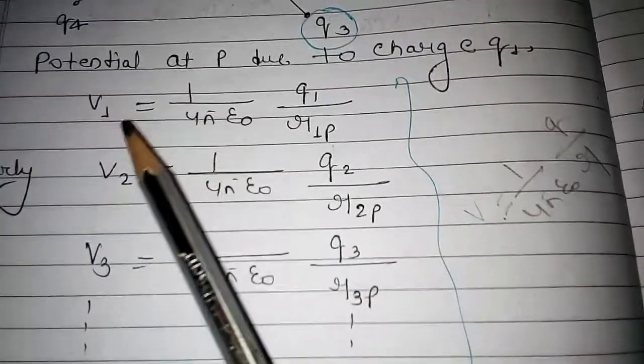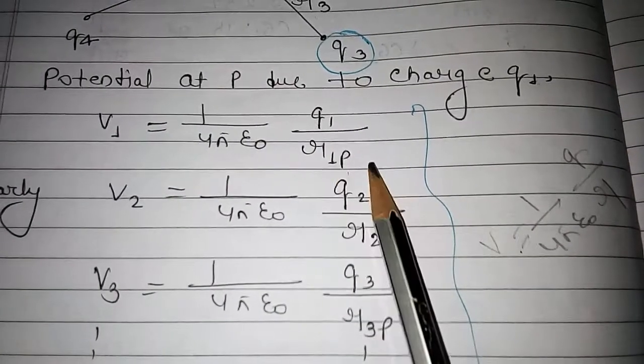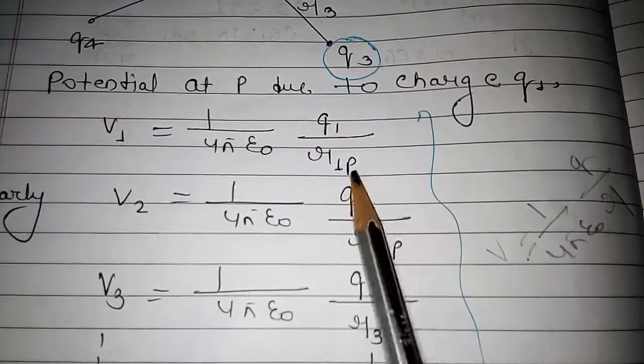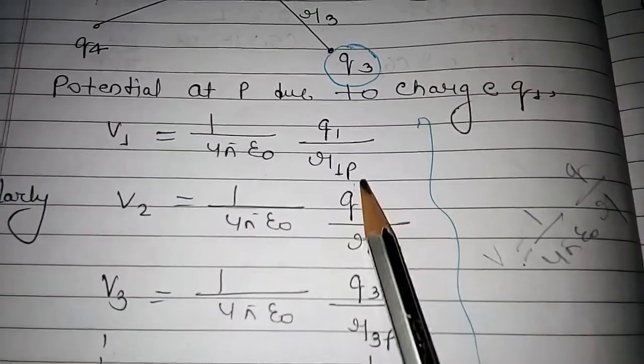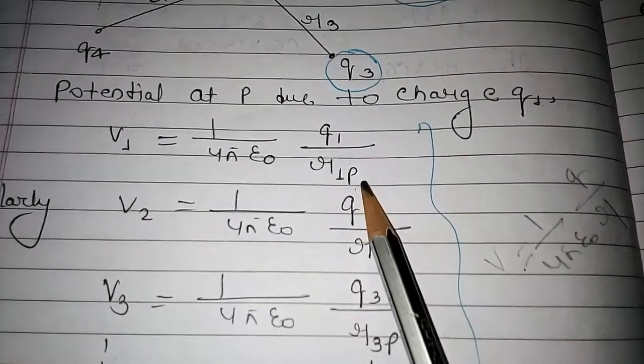See the value of the first potential. V1 is equal to 1 upon 4 pi epsilon naught, Q1 divided by R1P. Why have we taken this R1P? Because P is the point where we have to calculate the electrostatic potential.